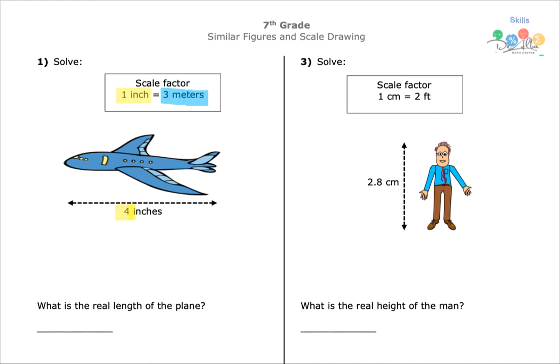Okay, and then I have that the model is actually 4 inches. So that's the picture they created using this scale factor. My next step, that will be my first step, identifying the colors. And my second step will be to set up the information. And since we don't have a lot of space, I'm going to do it right here.